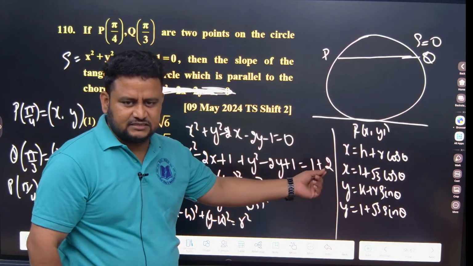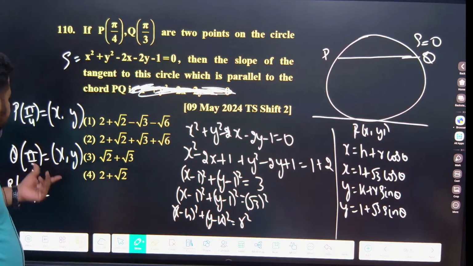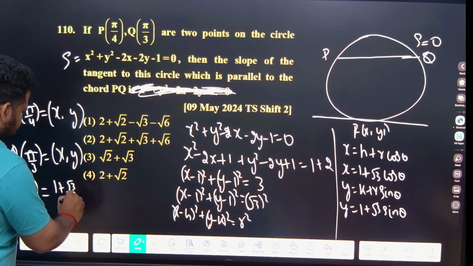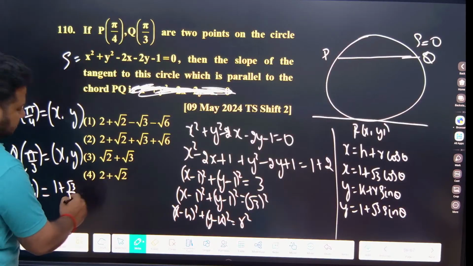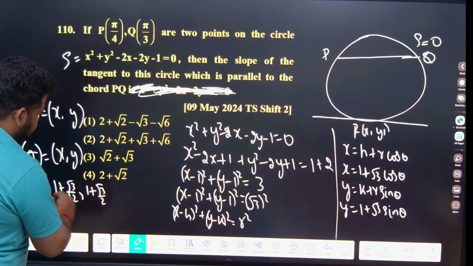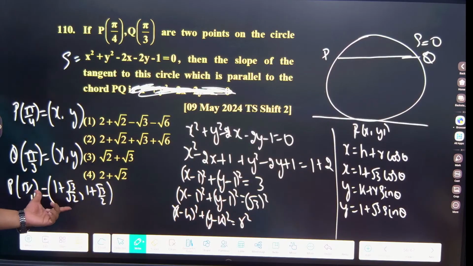Just put theta as pi by 4, so 1 plus root 3 by root 2. There also it is 1 plus root 3 by root 2. That is the ordered pair of x and y I am writing, x comma y for P of pi by 4.